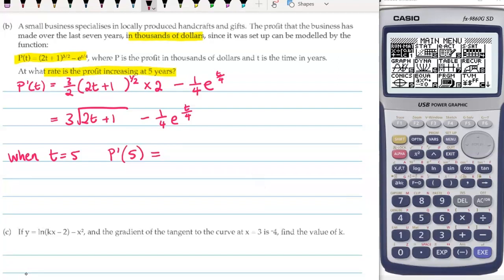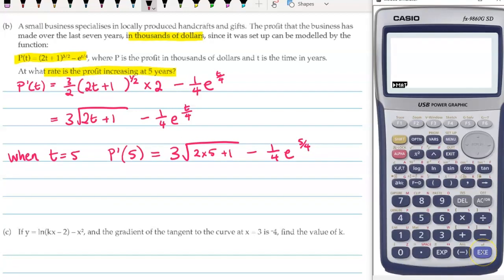So we're substituting in the value of 5 for t into this, so 2 times 5 plus 1 minus 1/4 e to the 5 over 4. And we will need our calculator for that, so we'll do 3 times the square root of 2 times 5 is 10 plus 1, so that's 11. Take away 1/4 of e to the power of 5 over 4.